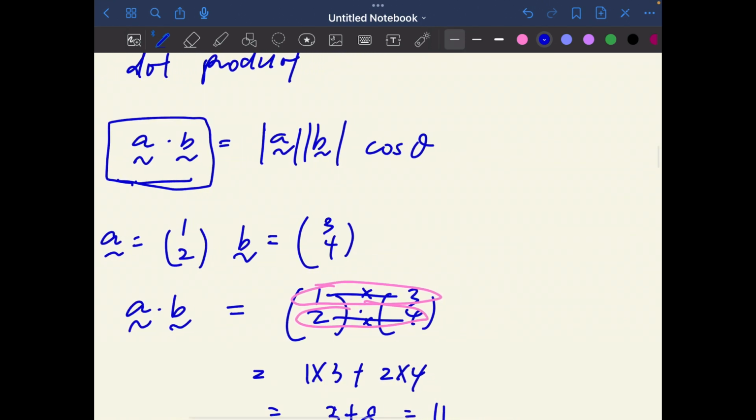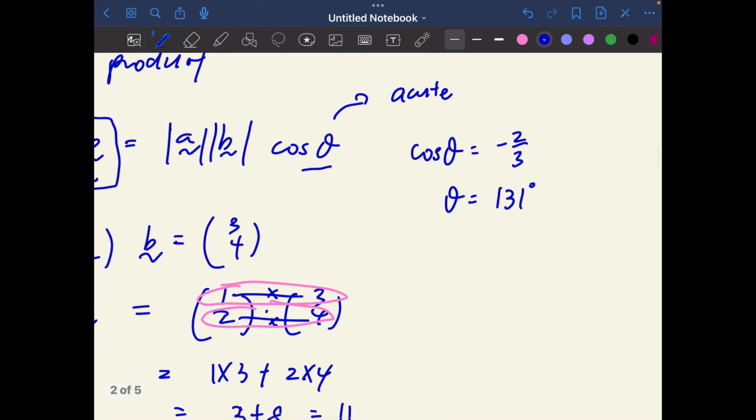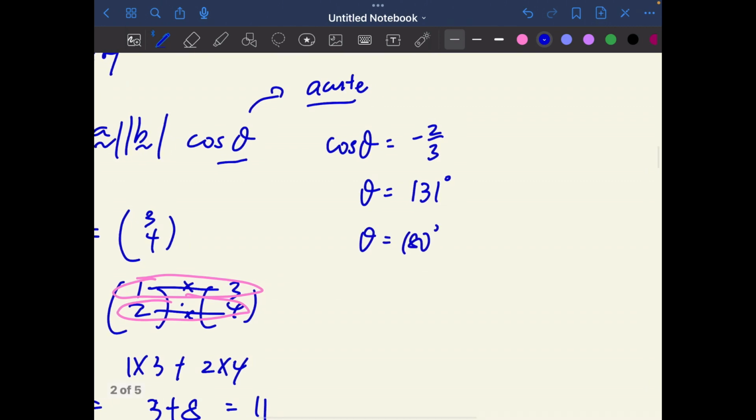If the question requires you to find theta and they specify that theta is an acute angle, and let's say you get cosine theta equals negative 2 over 3, and you will get an obtuse angle of, I think, 131. Because the question says theta must be acute, then you must say that theta equals 180 minus 131.